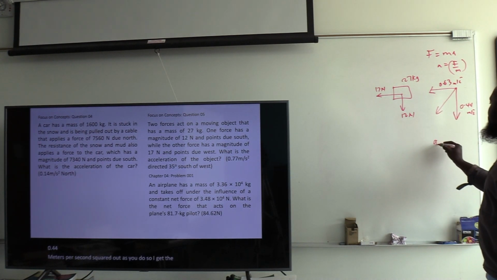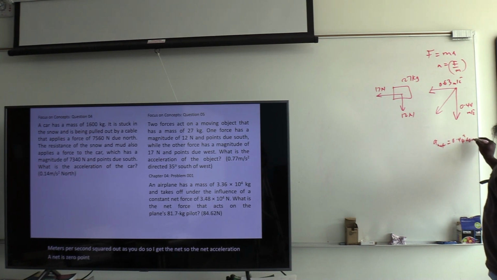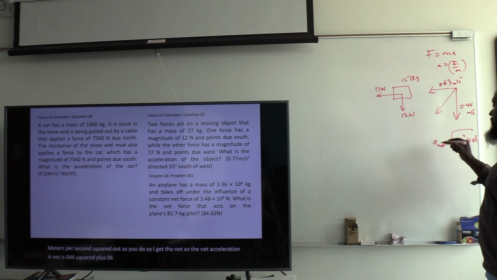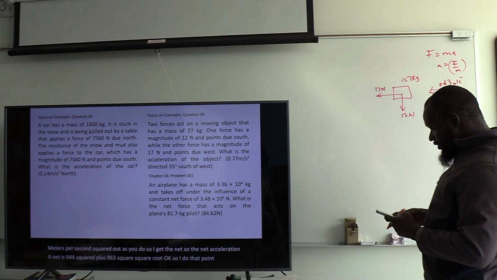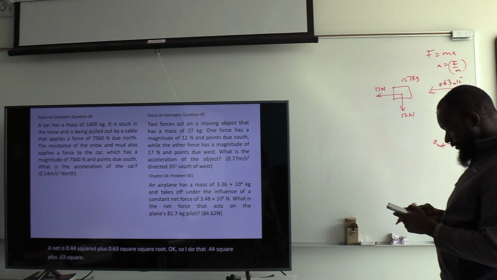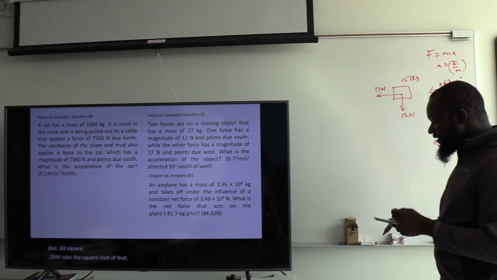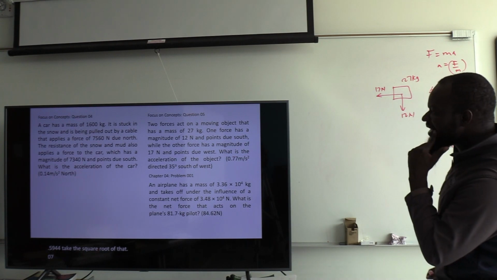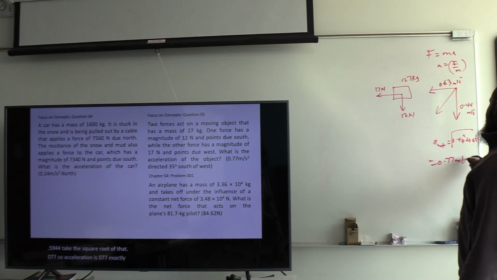So the net acceleration A net is the square root of 0.44 squared plus 0.63 squared. 0.44 squared plus 0.63 squared is 0.5944. Take the square root of that. 0.77. So our acceleration is 0.77 meters per second square.